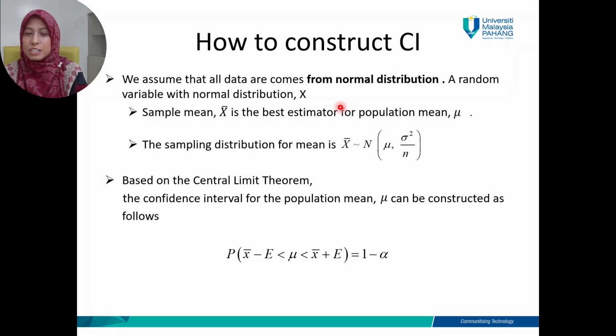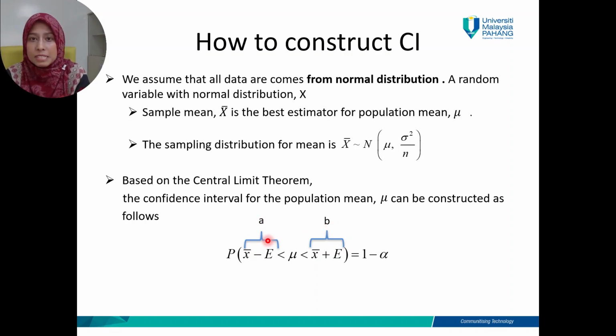Based on the central limit theorem, the confidence interval for the population mean mu can be constructed as follows. P, the probability of getting the interval, is equal to 1 minus alpha. Do you still remember that a confidence interval consists of a lower boundary and an upper boundary?